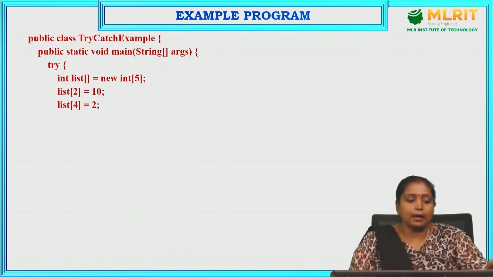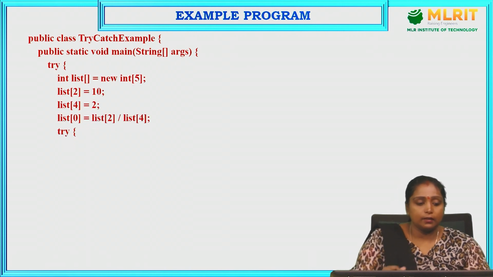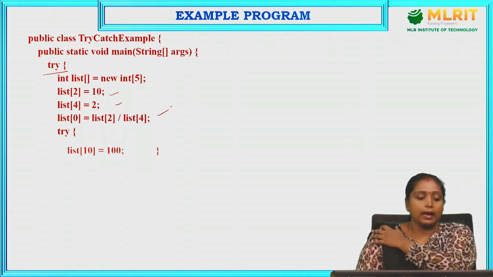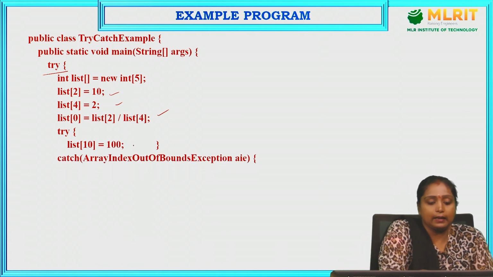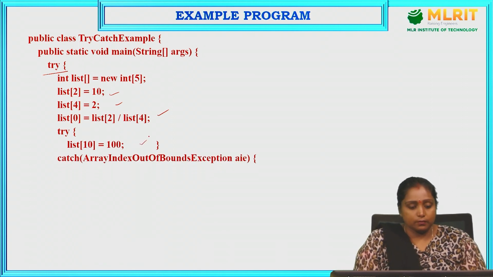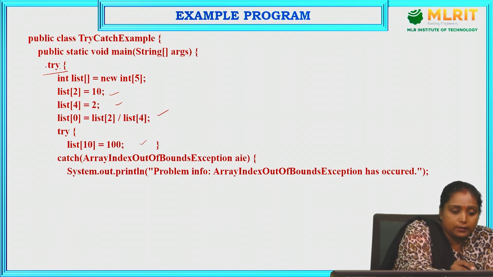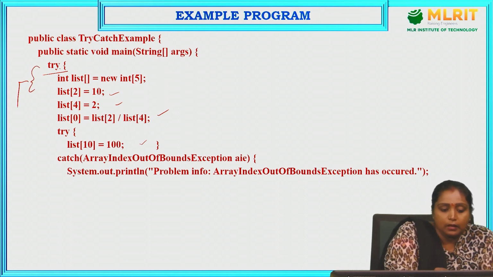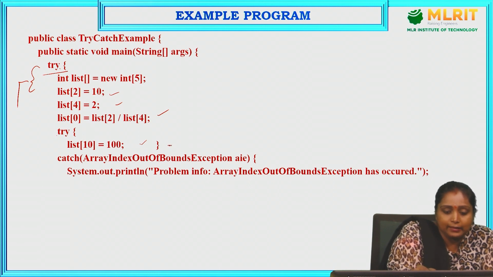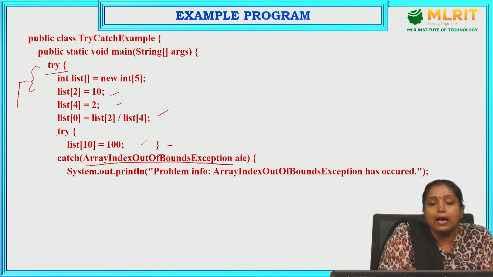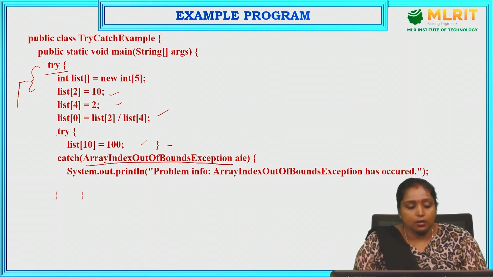See here, I have a try block. One try block I have declared with the list, and inside it I have another try block. For the inside try block, I am writing the catch. So this is opened, isn't it? Now this has ended here, so I am writing the catch block for this. It might lead to the array index out of bounds exception, so I am writing for this.